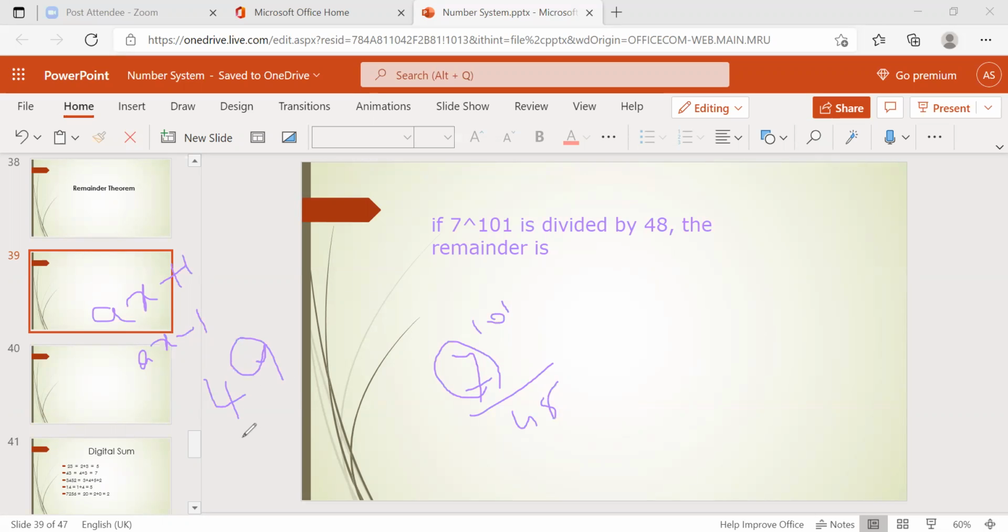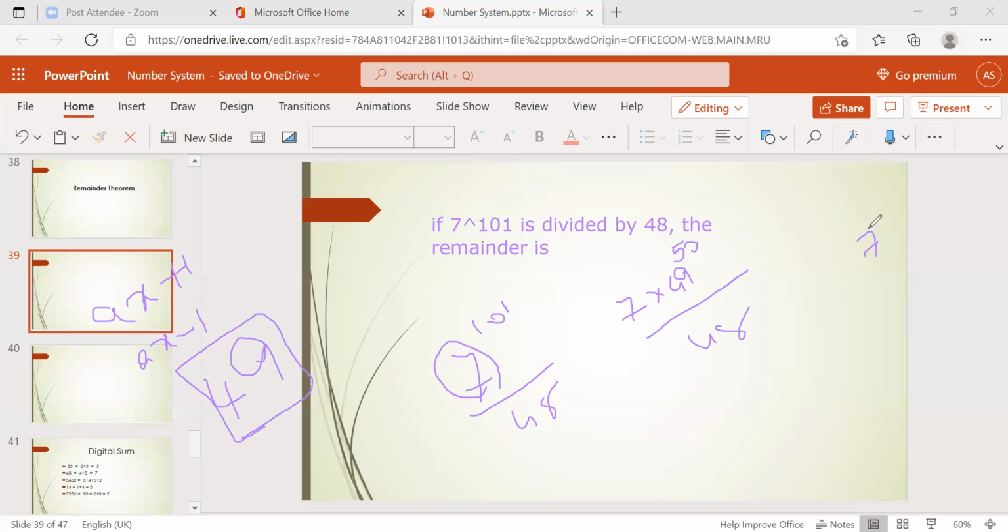Is it clear? So 7 square is 49. So I write this as 7 into 49 power 50. You have to write 49 like this. Why did I write 49 power 50 like this? See, I'll explain.